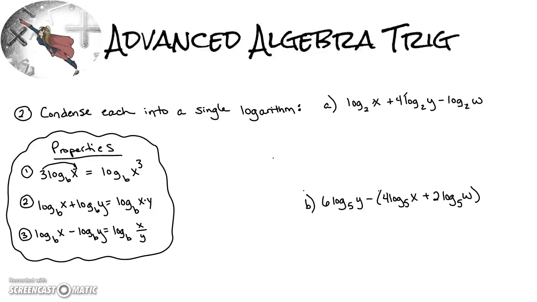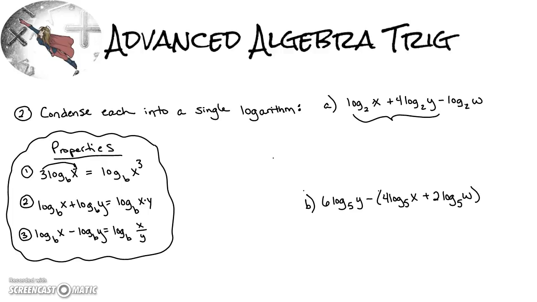Now, the other type of problem I picked out for today is when they ask you to condense multiple logarithms into a single logarithm. And you do that using the properties, which I copied and pasted over here too. If you look at part A, the first thing we have is two logarithms that are added right here.